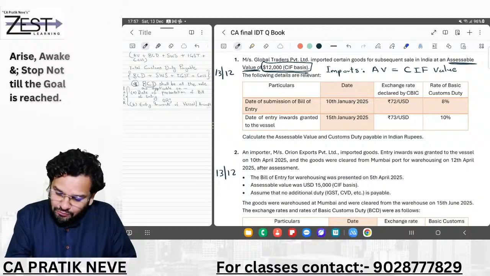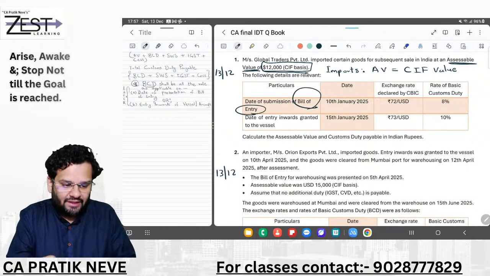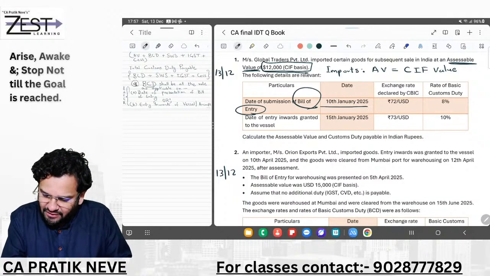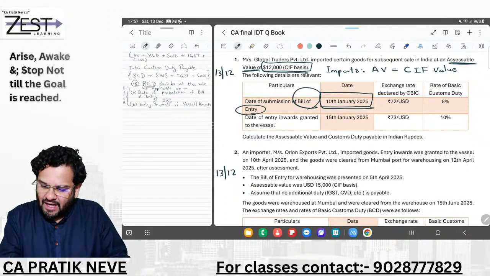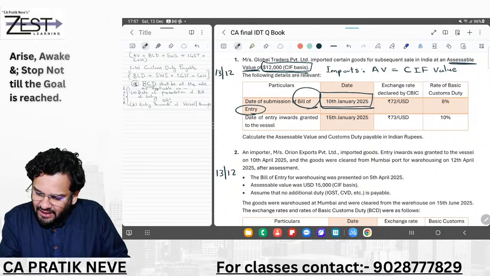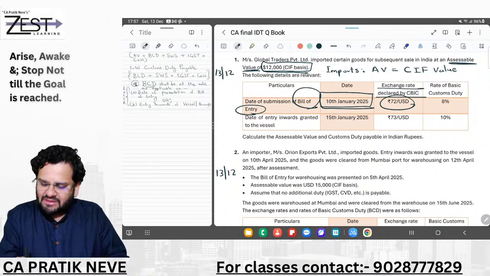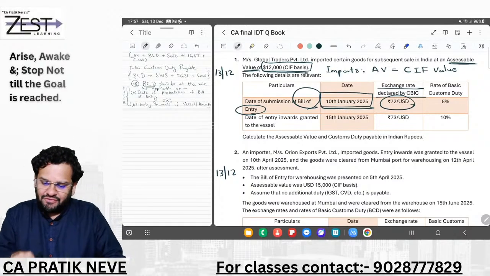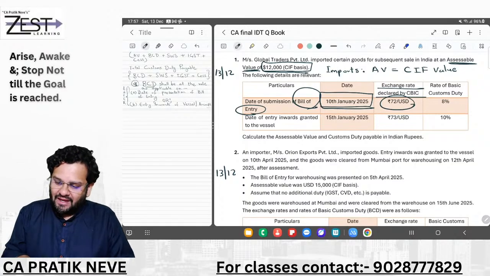Take the date of presentation of bill of entry. The date of presentation of bill of entry is 10th Jan, and as on that date, the exchange rate declared by CBIC is 72 rupees per dollar. So take that.